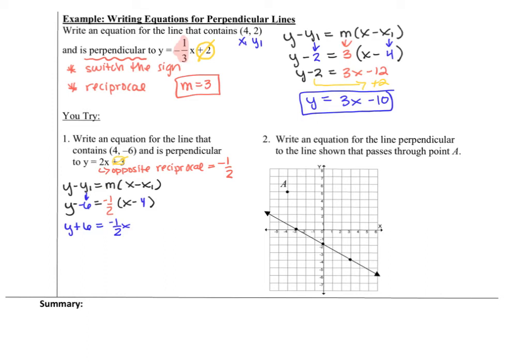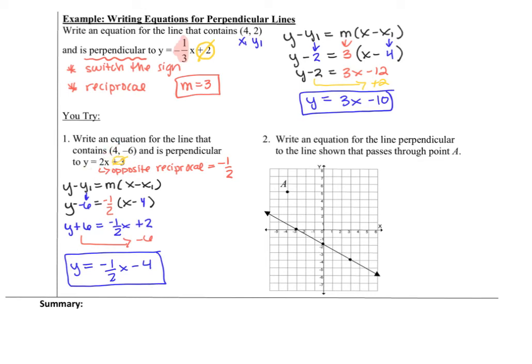So we have negative 1/2 x plus 2. Then you're going to subtract the 6, and your final answer will be y equals negative 1/2 x minus 4.